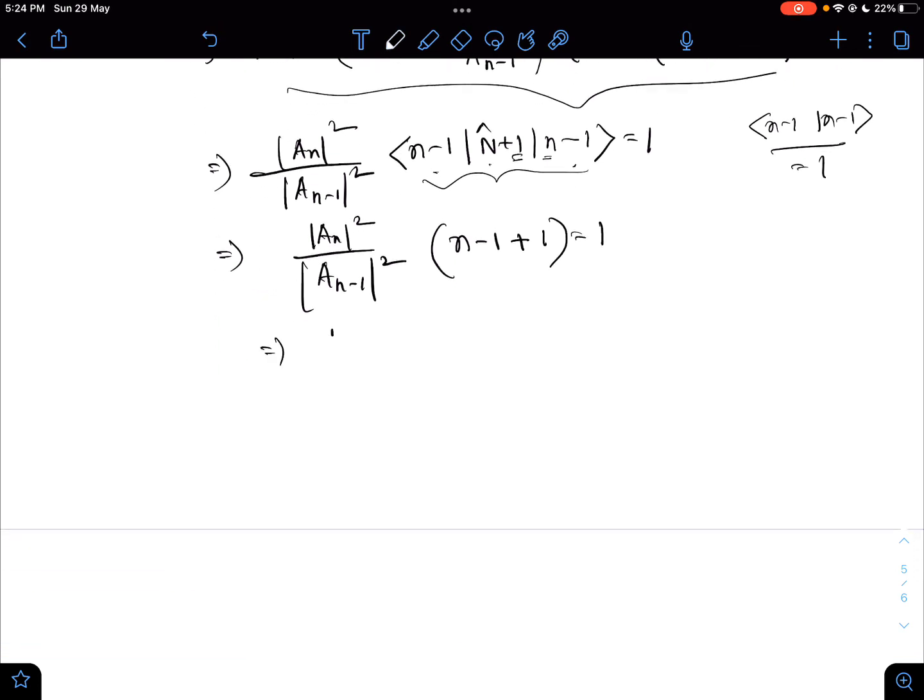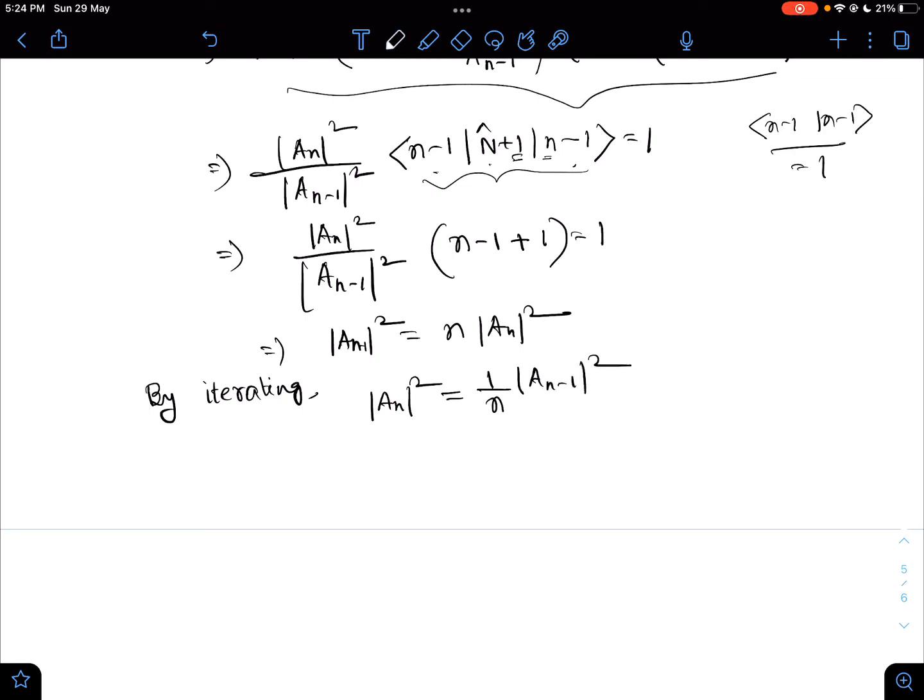So we have a_{n-1} squared to be n a_n squared. This is the relation that we get. In this way, by iterating, we can show that a_n squared can be written as 1 by n times a_{n-1} squared.